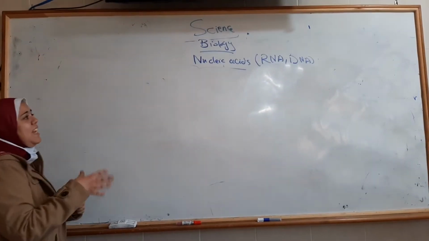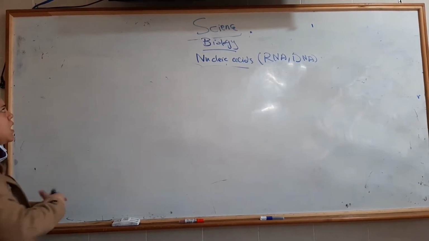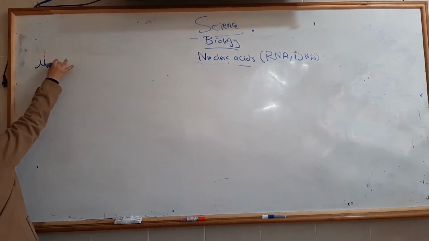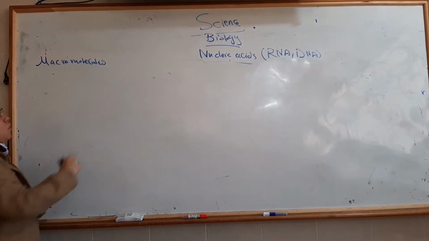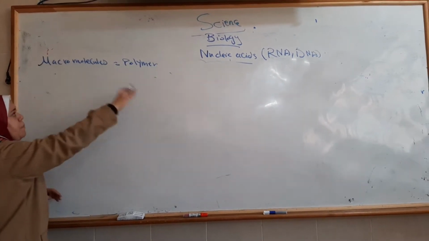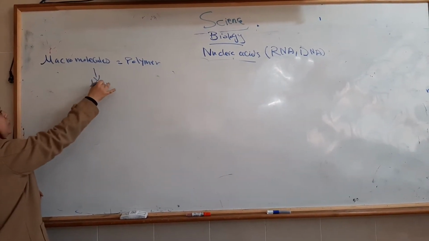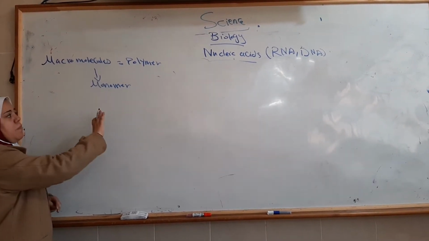First, DNA and RNA are both nucleic acids, macromolecules or polymers. Any polymer consists of monomers. This monomer's name is nucleotide.